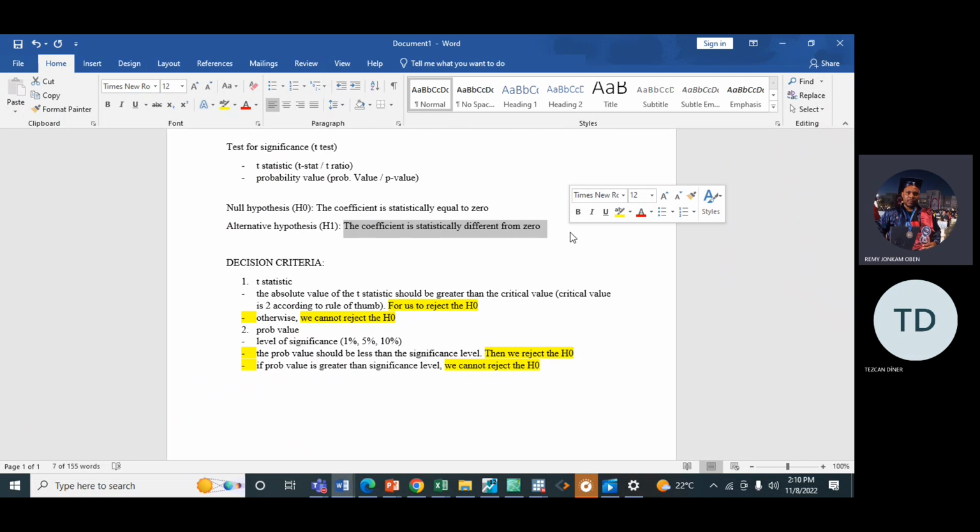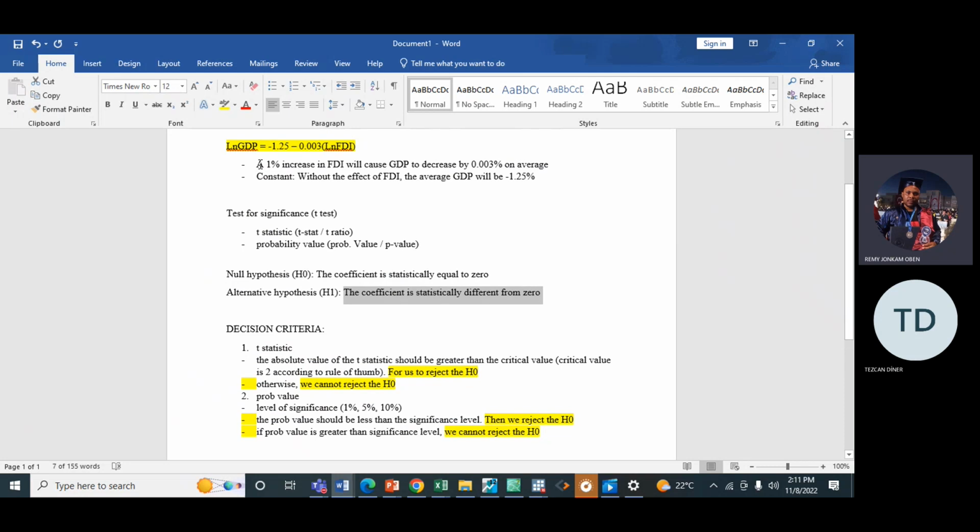But if it is statistically different from 0, it means it is significant. So since our 29 is greater than 2, we reject the null, and we accept the fact that it is statistically different from 0, therefore it is statistically significant. So we can interpret that constant, right? So our interpretation of the constant is good. We can do it. Let's check now for the slope coefficient.